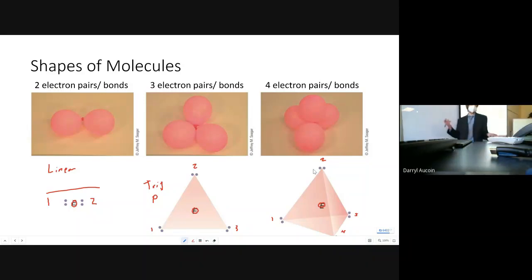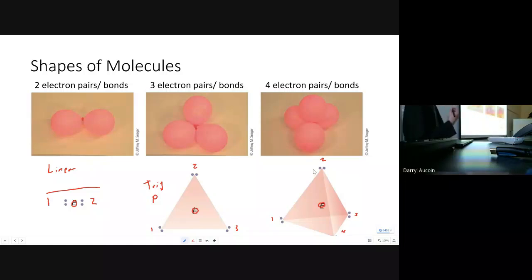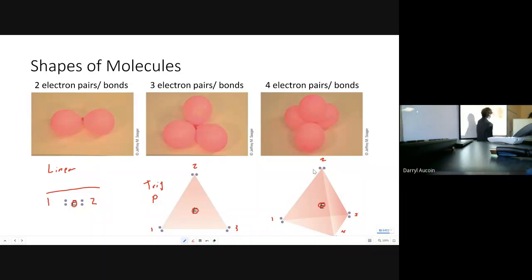And if anybody plays D&D or any games, this is a D4. This is a 4-sided dice, right? 4 sides on a face there. So there's different ways of putting molecules into different shapes. And again, we're keeping these atoms as far apart from each other as possible. By having these atoms as far apart as possible, we produce different shapes and different patterns, and the molecules are going to behave a little bit differently, because a flat triangle-shaped molecule may be able to fit into places that a three-dimensional trigonal pyramid can't.